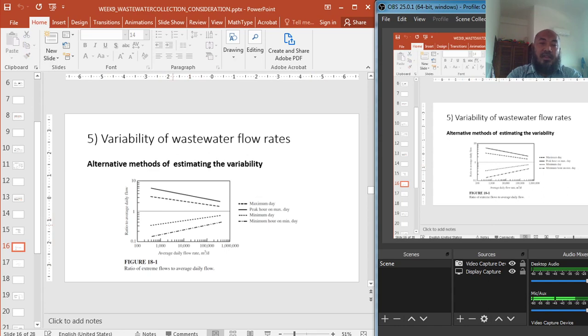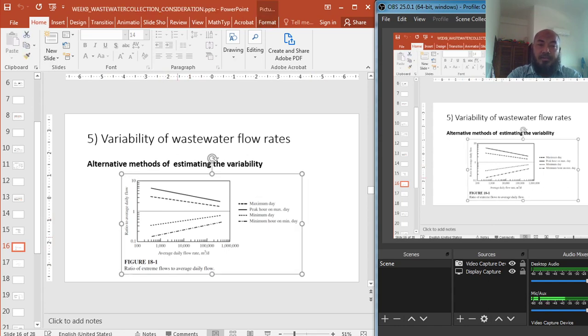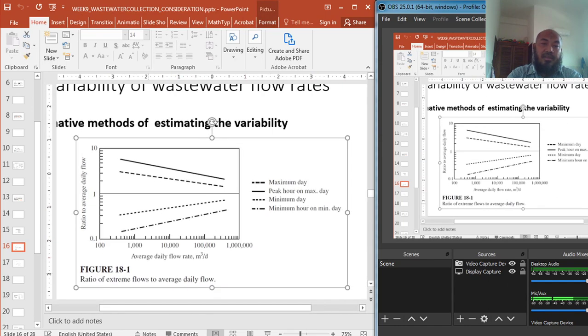So it doesn't matter if we have only one parameter, for example, the average daily flow. I'm sure average daily flow is easy to get, because we can estimate or measure it if you would like to upgrade the existing system.